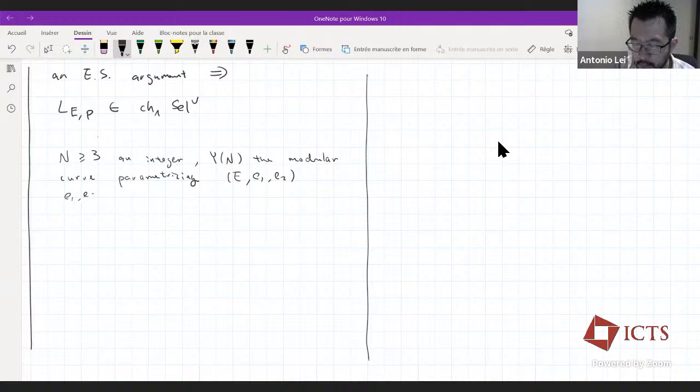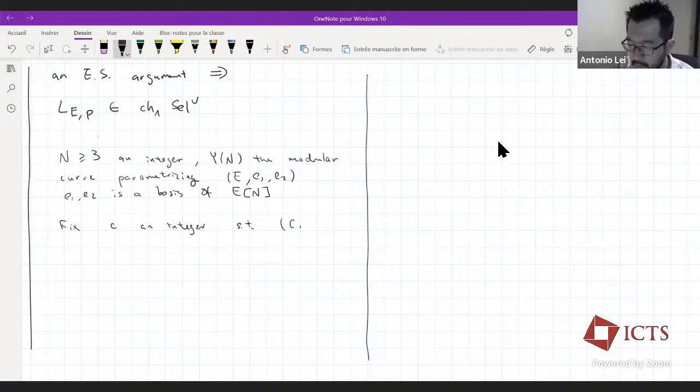Here, e1 and e2 is a basis of the N-torsion of E, and we will also fix c, an integer, which is coprime to 6N.